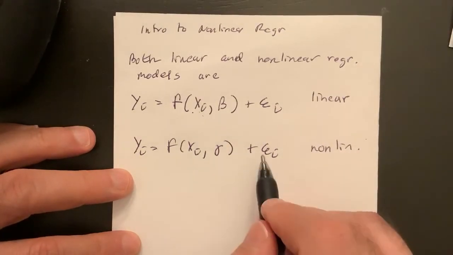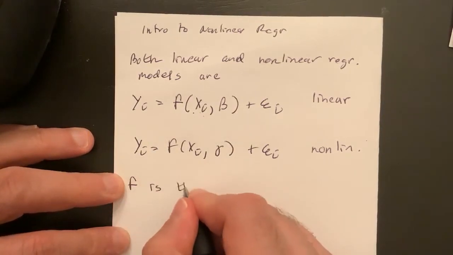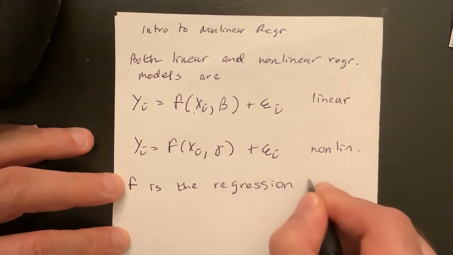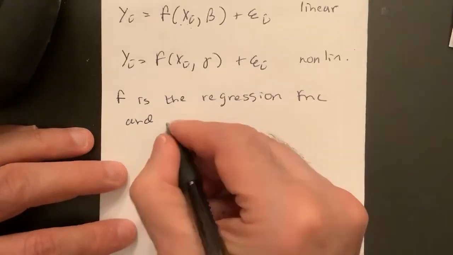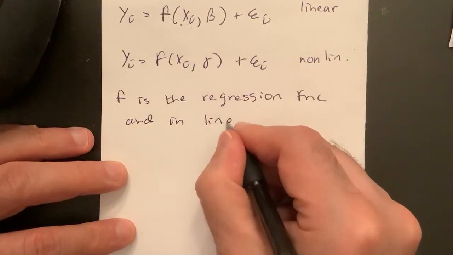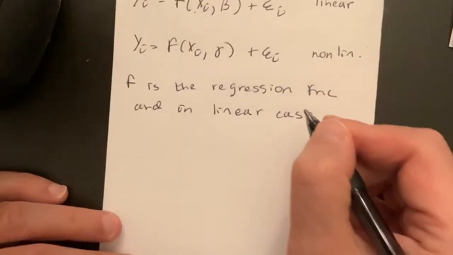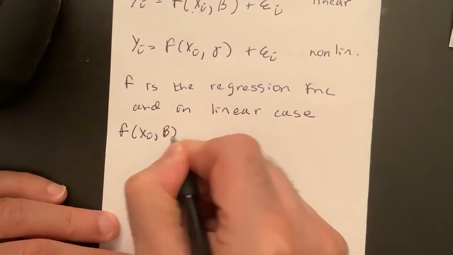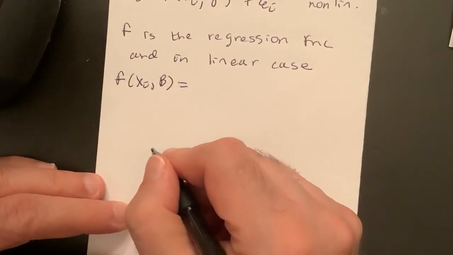Okay, and here f is called the regression function. And in the linear case, it's linear. Guess what? It's linear. In the linear case, f(x_i, beta) is just equal to a linear function.